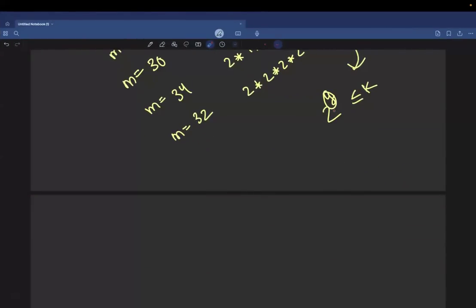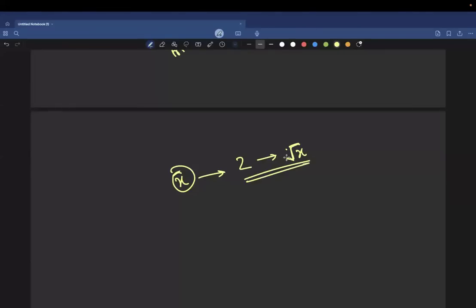So if you have a number x and you want to find out the smallest prime number which divides x, one way to do it is run a for loop from 2 till square root of x, or from 2 to x, and whichever number you find first which divides x, that must be the smallest prime number divisor of x.